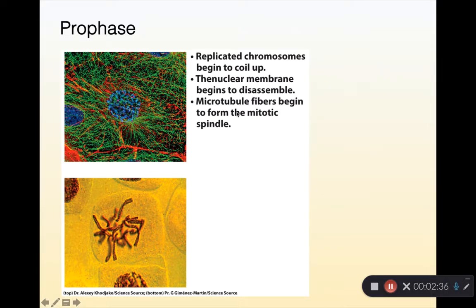And the last thing that's really important is that microtubule fibers start to form the mitotic spindle. That's going to be a really important part for the next couple of steps, because this is really where all of your chromosomes are going to attach and ensure that your cell divides efficiently.